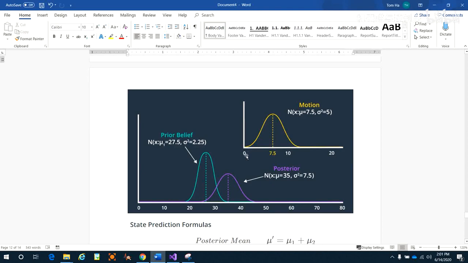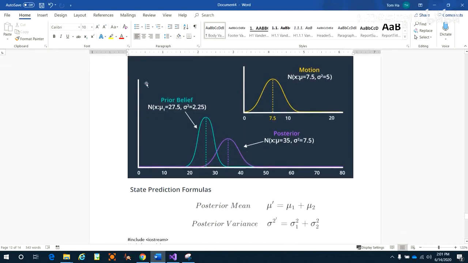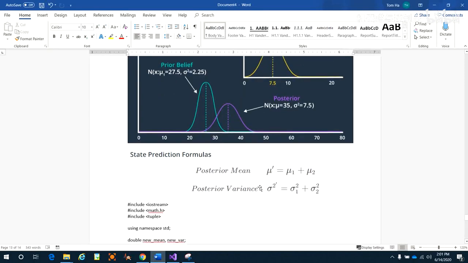What about the state prediction? After we know the measurement update, we give the command asking the robot to move 7.5 meters. The uncertainty of the motion is covariance 5. So what happens? How does the robot predict its state now? We use the formula right here. It's an easy formula.